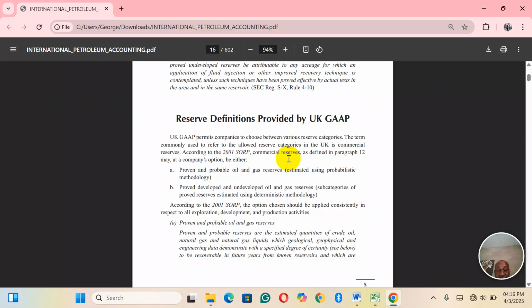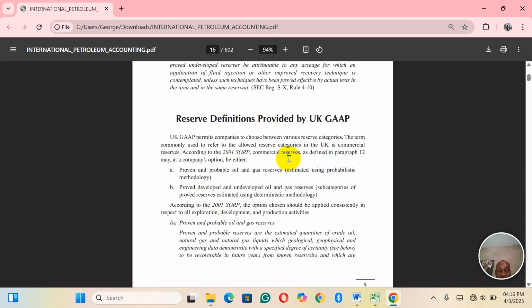According to the 2001 SORP, the option chosen should be applied consistently in respect of all exploration, development, and production activity.